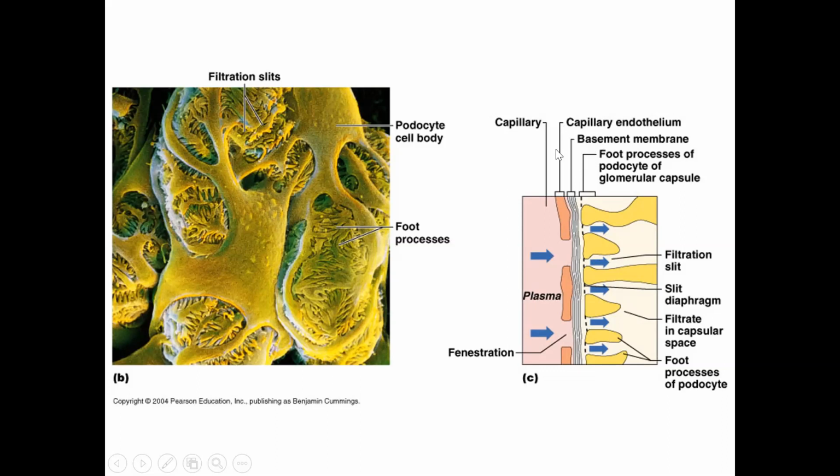All three parts together form a structure which determines what stuff can be filtered out and how fast it can be filtered out. That is called the filtration membrane. Of course, how fast the filtration takes place also depends on pressure.